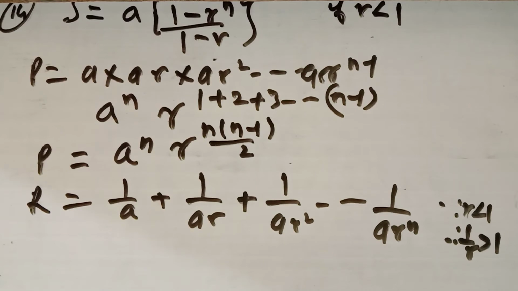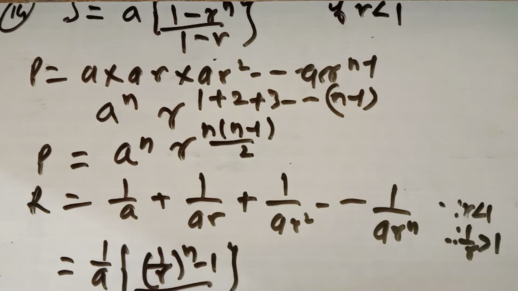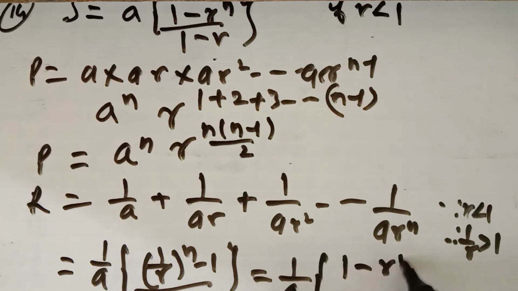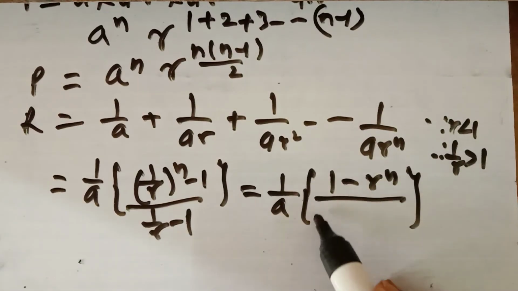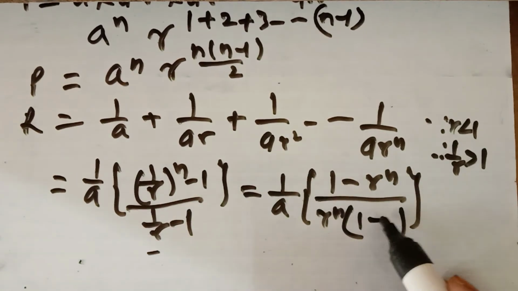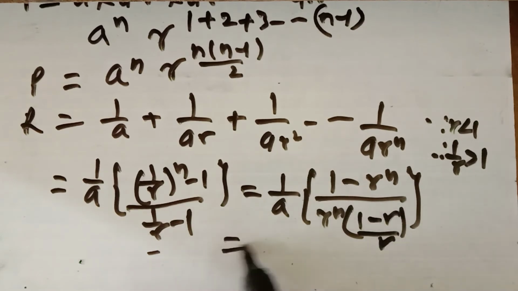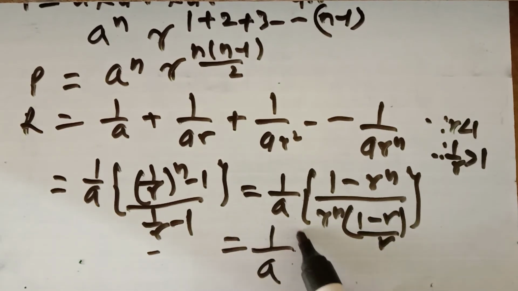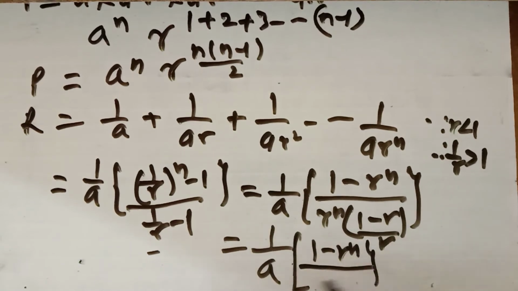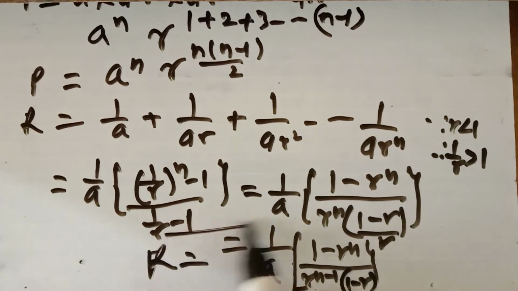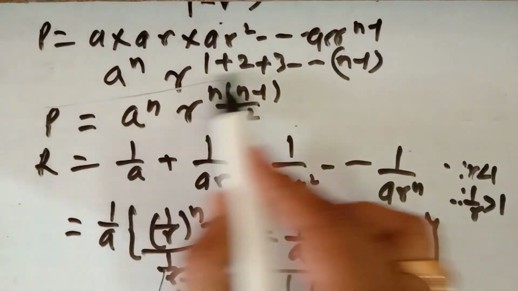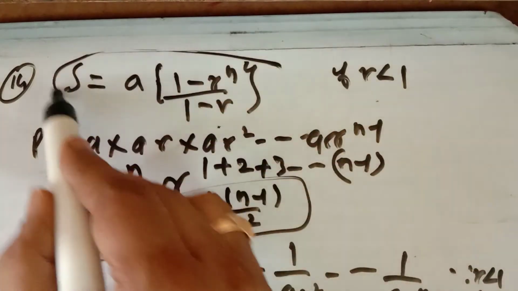We'll get, it will be a (r to the power n minus 1) upon (r minus 1). So when you simplify it, it will be 1 upon a, (1 minus r to the power n) upon r to the power n, and when you subtract, 1 minus r upon r. So what you are getting is 1 upon a, (1 minus r to the power n) upon r to the power n minus 1 into (1 minus r). This is the value of R, this is the value of P, and this is the value of S of a GP.